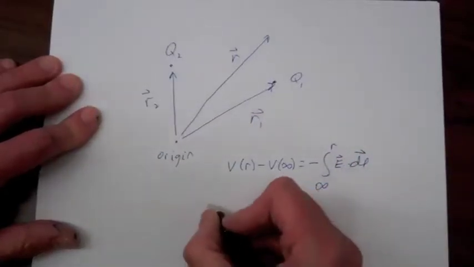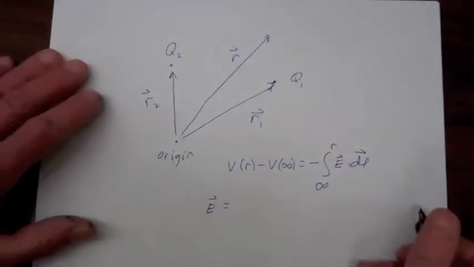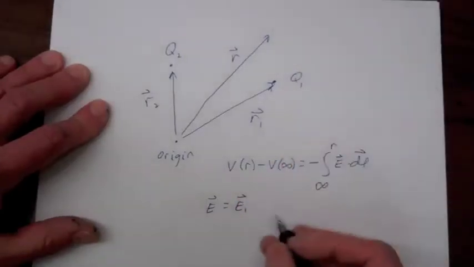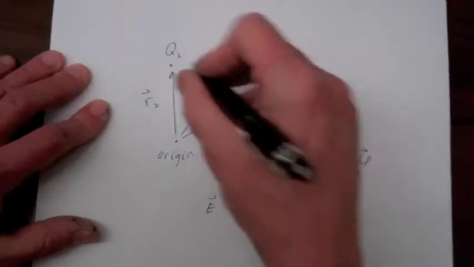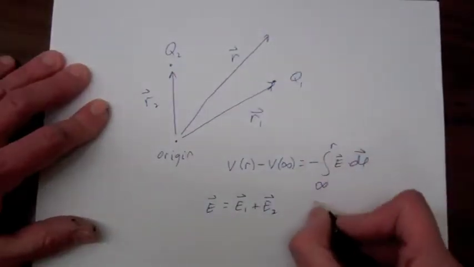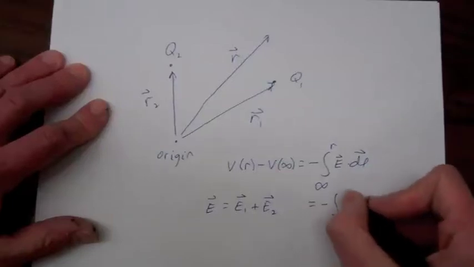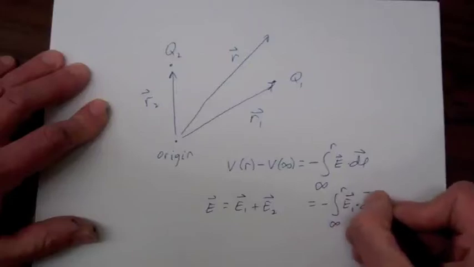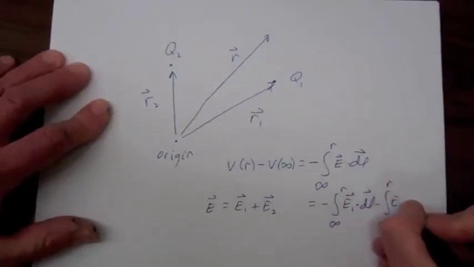But this electric field can be determined using superposition. It's equal to the electric field due to charge Q1 plus the electric field due to charge Q2. So this integral is minus the integral from infinity to R of E1 dot dl minus the integral from infinity to R of E2 dot dl.